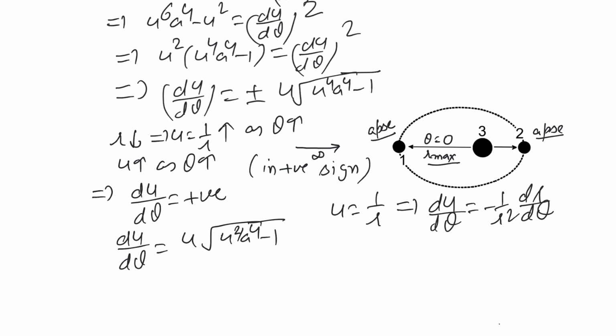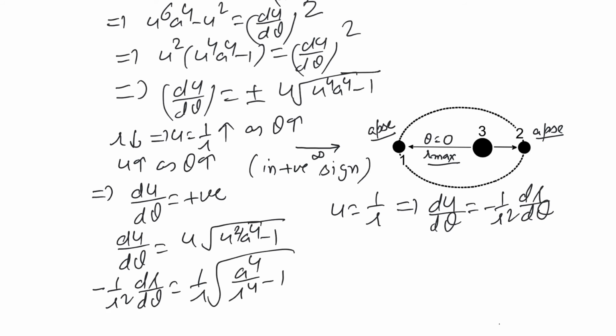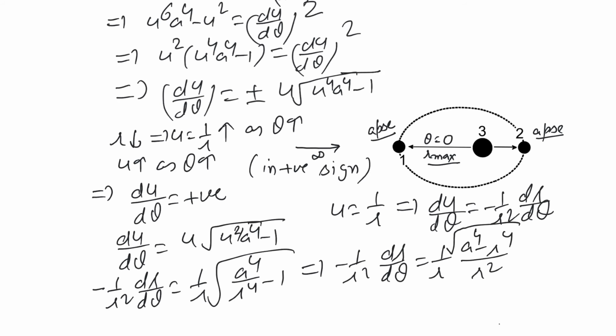Okay, fine. Now changing these here, minus 1 by r square dr d theta, u is 1 by r, square root of a4 by r4 minus 1. This implies that minus 1 by r square dr d theta is equal to 1 by r square root of a4 minus r4. This is r square. This will cancel out.